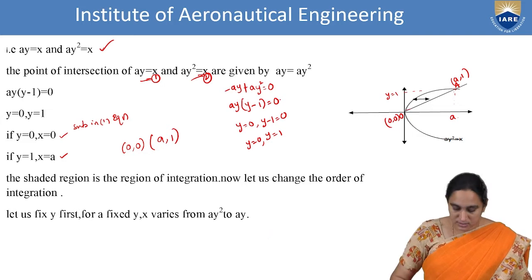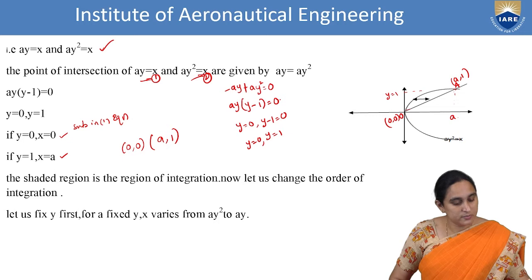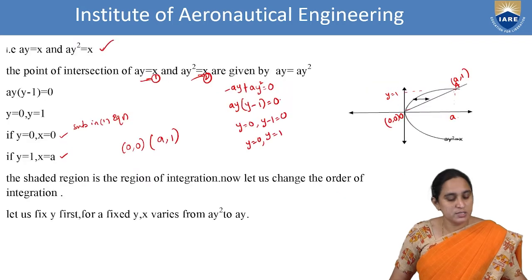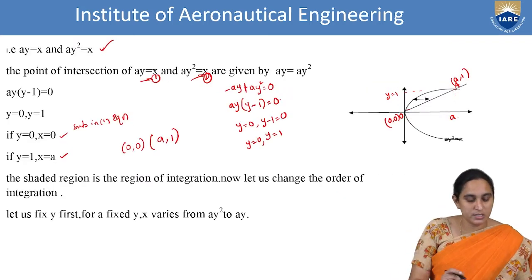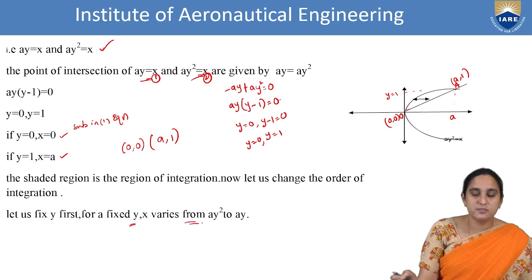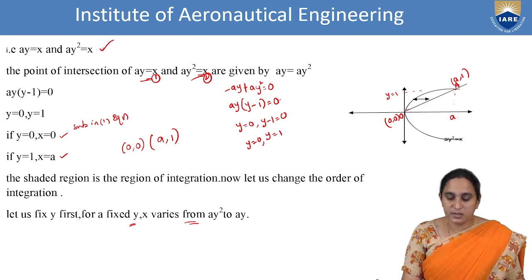Let us fix y first. For a fixed y, x varies from ay square to ay. In the previous form, x was fixed and y was in terms of x. By using the concept of change of order of integration, for a fixed y, x varies from ay square to ay.